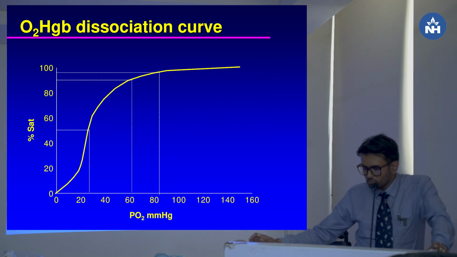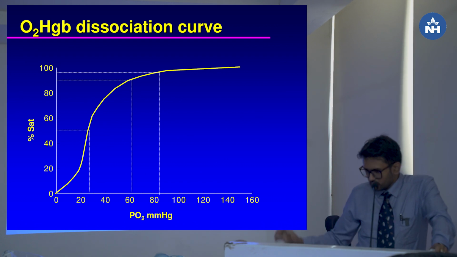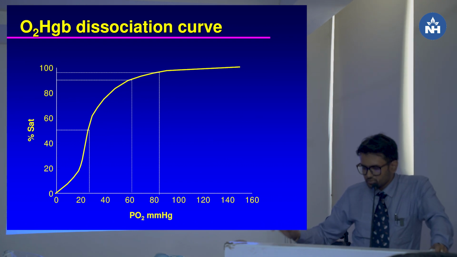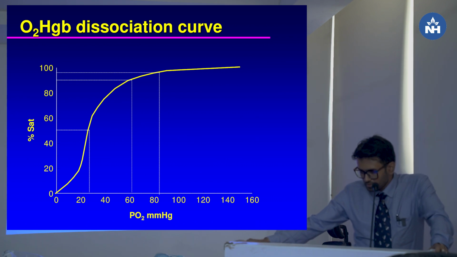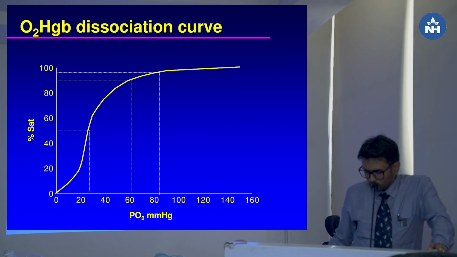So this is the oxygen hemoglobin dissociation curve. We all know this graph; it shows the affinity of oxygen, the percentage of hemoglobin saturation with the oxygen concentration.